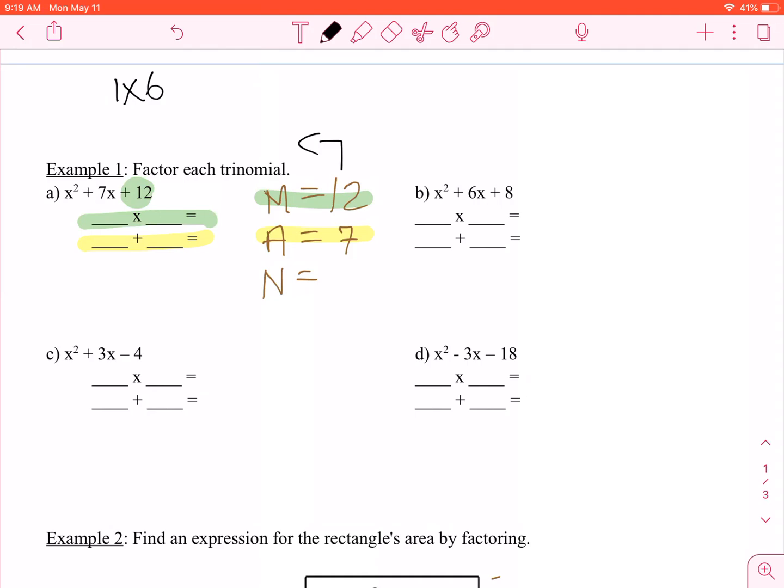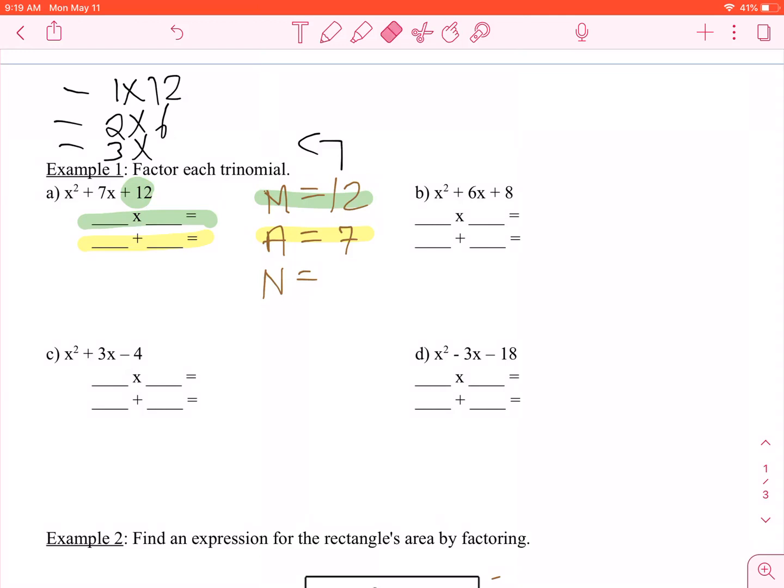We know 1 times 12 equals 12. 2 times 6 equals 12. 3 times 4 equals 12. So there are 3 sets of factors, or 6 factors in total.